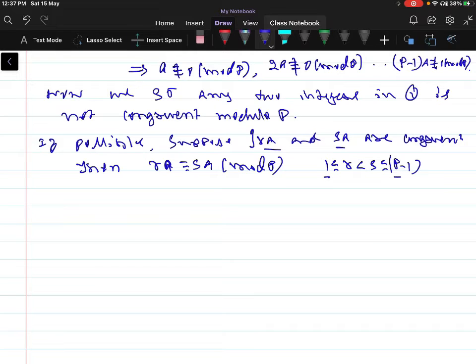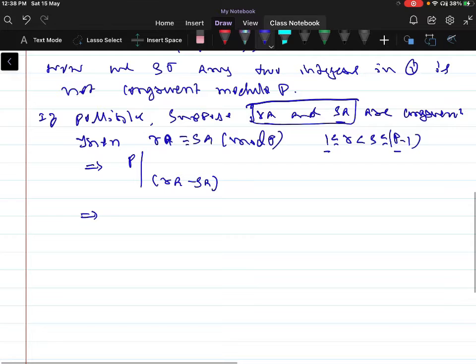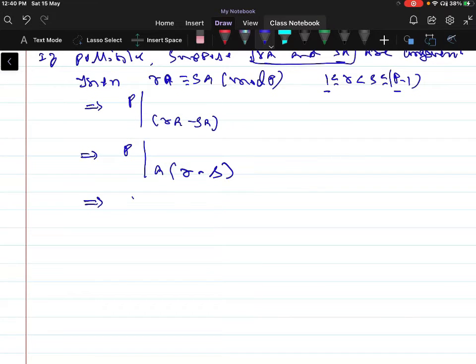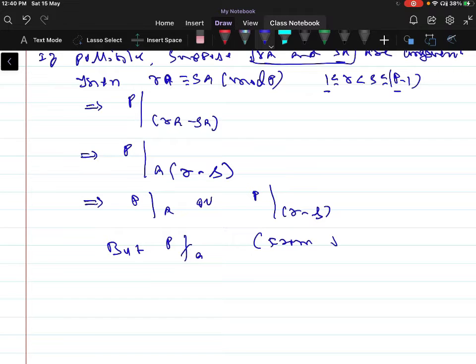So if they are congruent, we can write ra is congruent to sa modulo p. So this implies p divides ra minus sa. So this implies p divides a times r minus s. This implies either p divides a or p divides r minus s. But p does not divide a, from the statement of theorem.